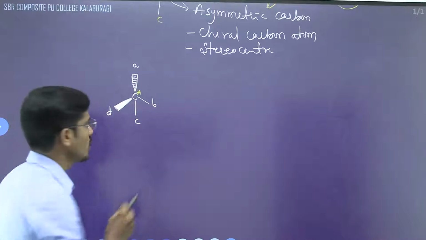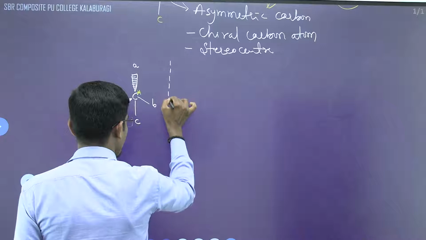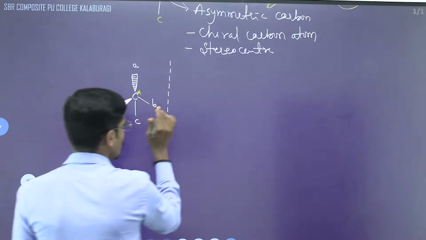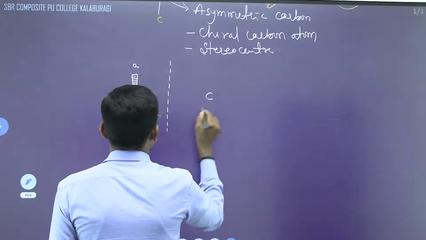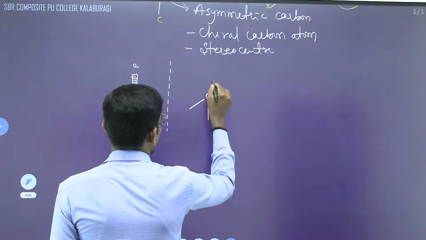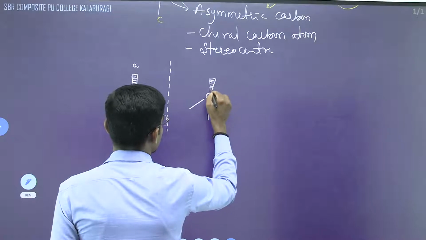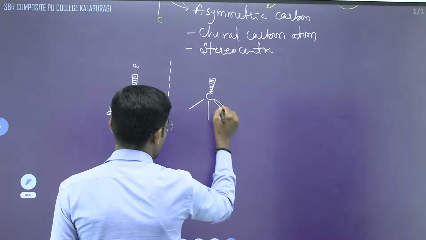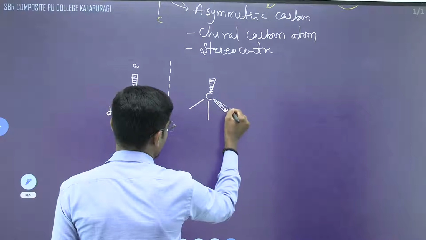Now, if we consider its mirror image, in front of the mirror it looks like this: the carbon, with B, C, D, and this will be A, with the solid wedge.